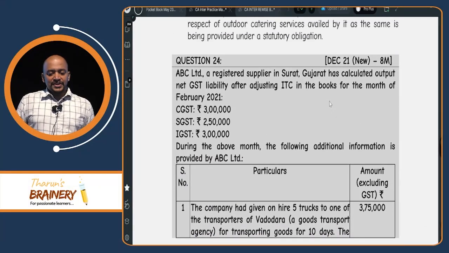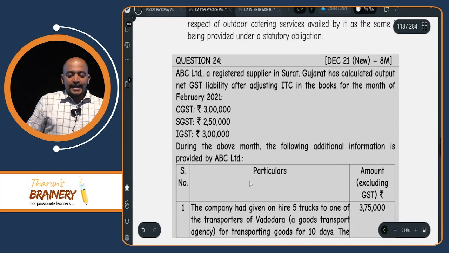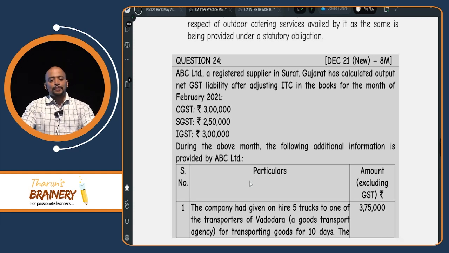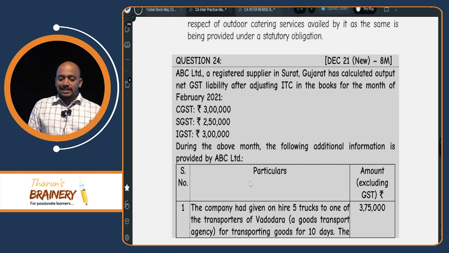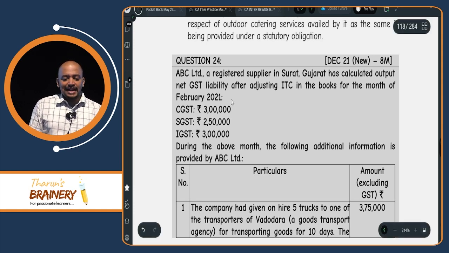Then question number 24, ABC Limited, a registered supplier in Surat, Gujarat, has calculated output net liability after adjusting ITC in the books for the month of February 2021. So this is their net GST liability after adjusting ITC for February 2021.